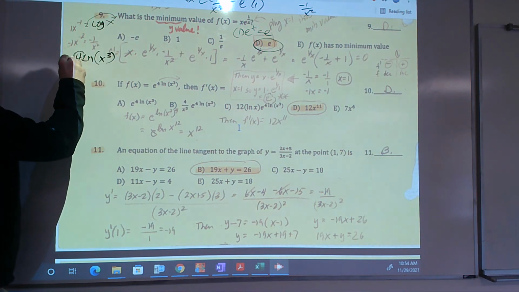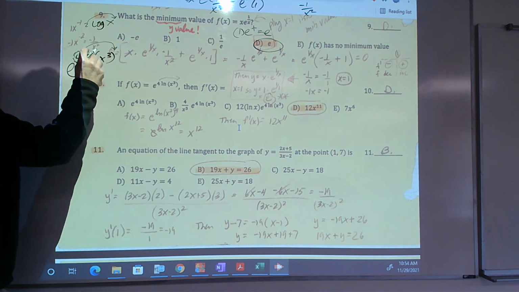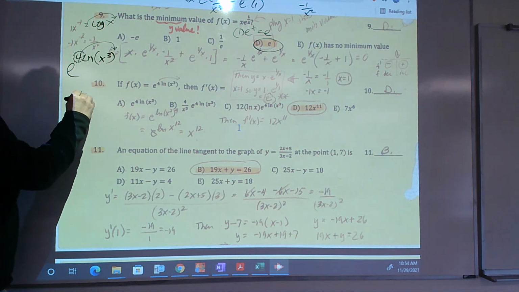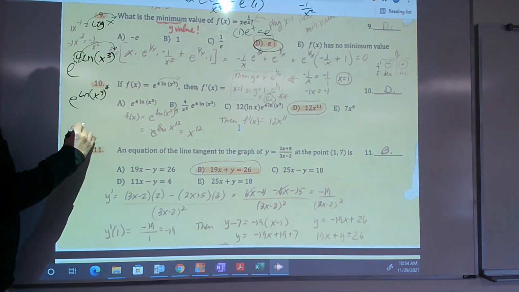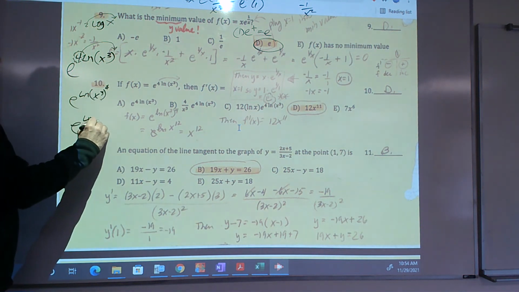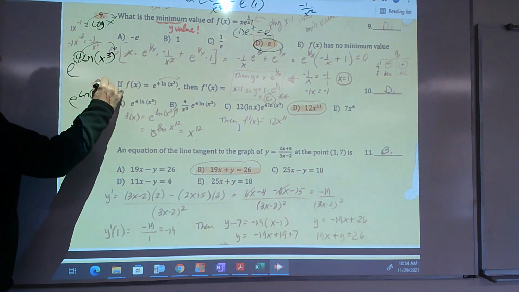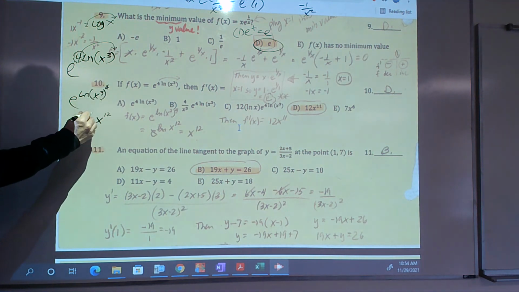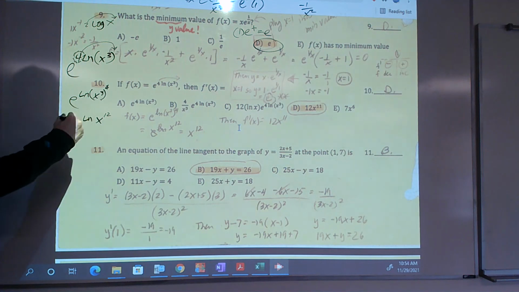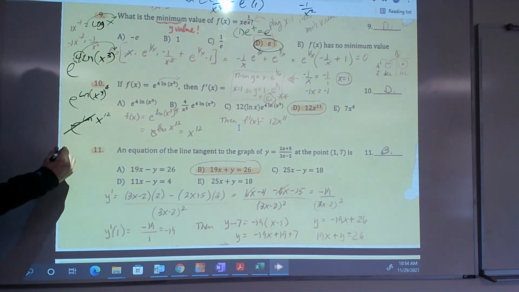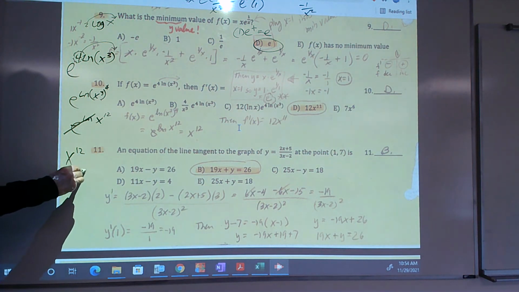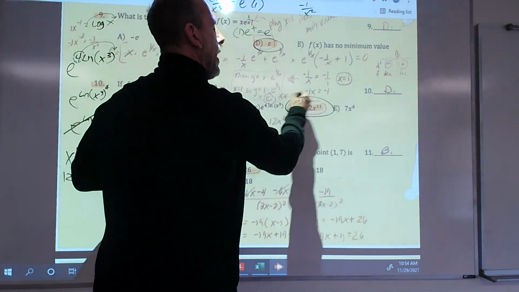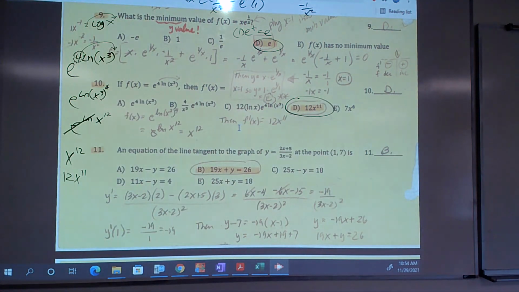This 4 actually goes right here. So it should be e to the ln of x to the 3rd to the 4th power, which is really e to the ln of x to the 3 to the 4, is 12th power. By the way, what do e and ln do to each other? Cancel, and we're left with x to the 12th power. What's the derivative of x to the 12th power? 12x to the 11th, done. That's it.